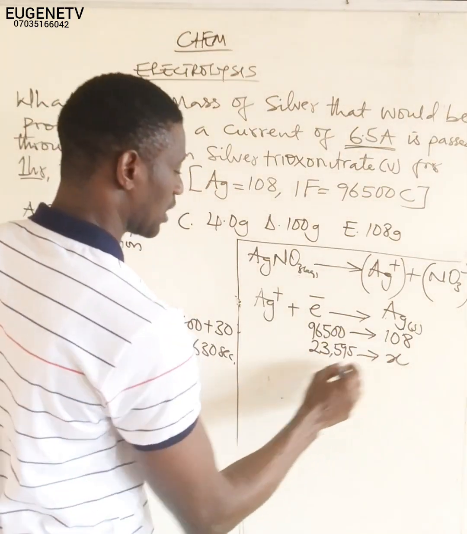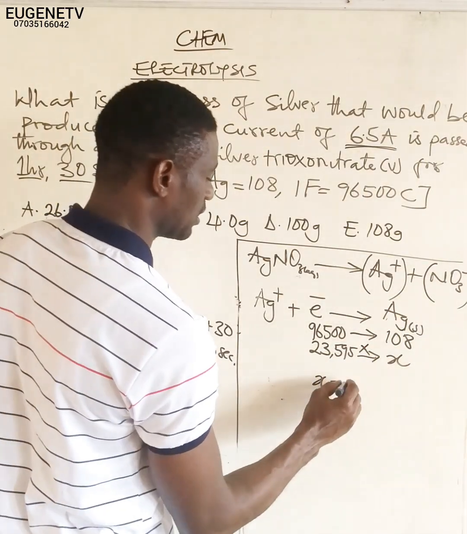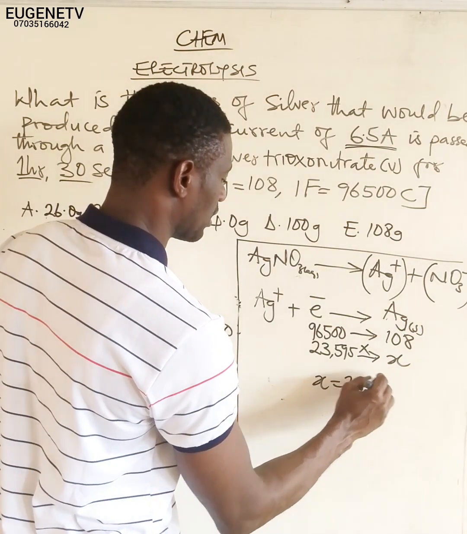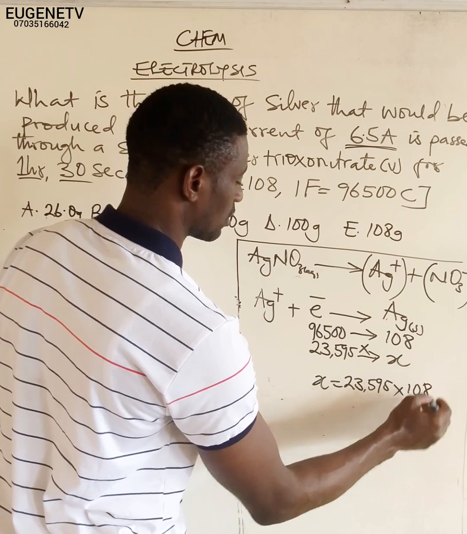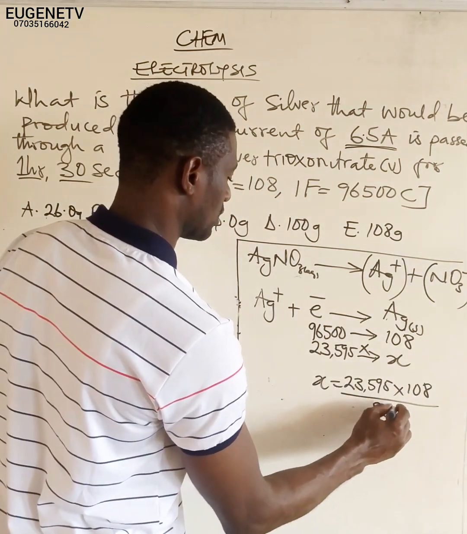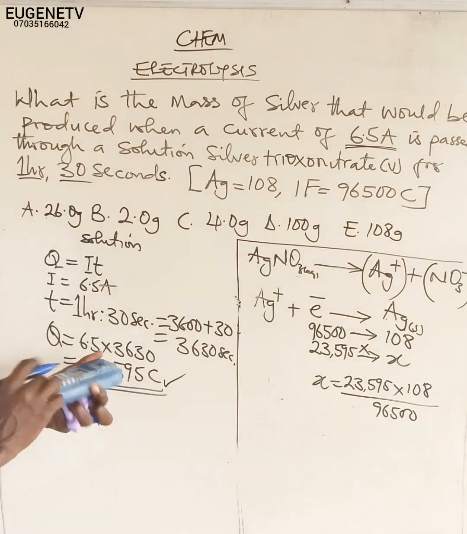So we say x, we don't know. We make x the subject of the formula and we cross multiply. We multiply this side, 23,595 times 108, all over 96500. Okay, let us see.